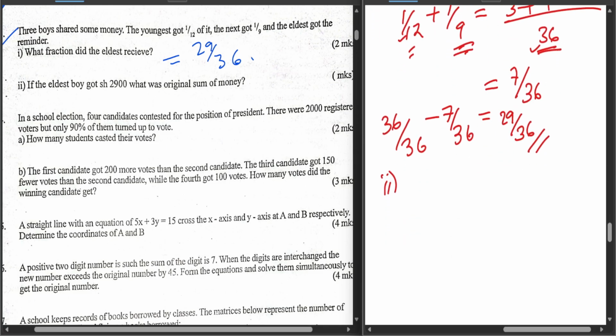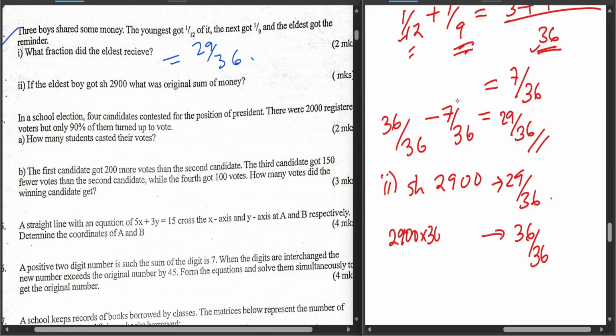The eldest boy got 2,900 and its fraction was 29/36. What was the original sum of money? So basically we're searching for the 36 over 36. So you take 2,900 times 36 over 29.